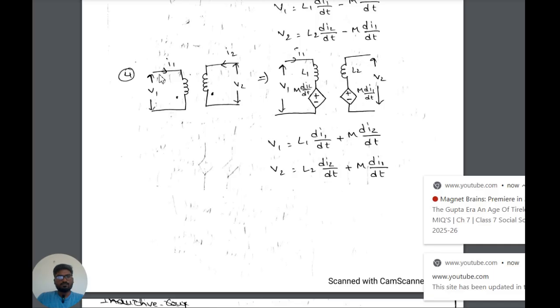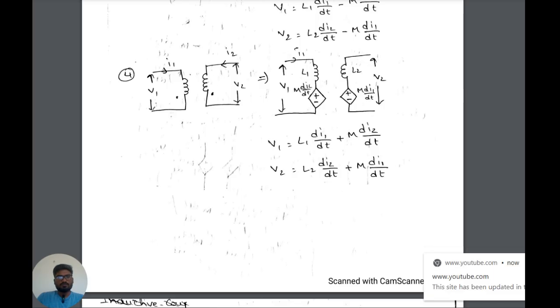So if the equivalent circuit is drawn like this, if I1 is leaving the dot, here L1 is common, so the mutual inductance is due to current I2. So this I2 current is leaving the dot, so the dot position is negatively assigned.